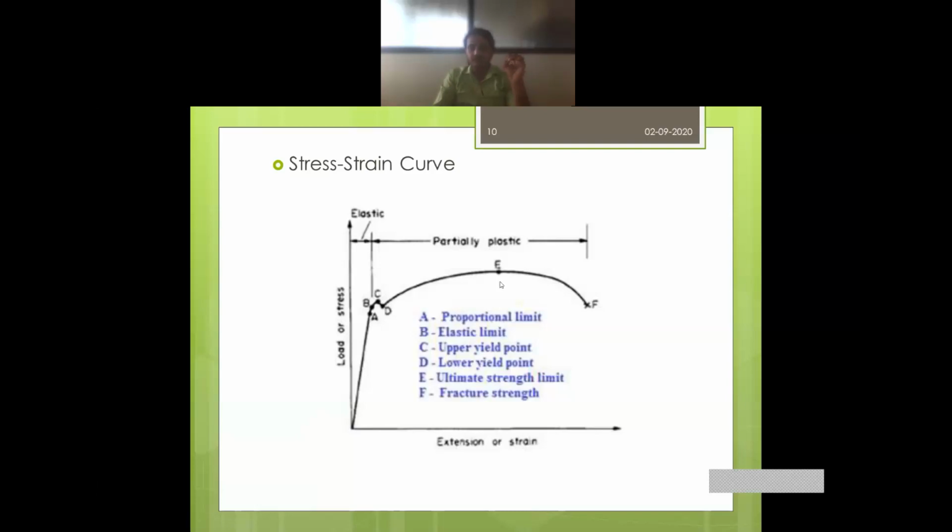After reaching the yield point, the necking formation will take place. After necking, if we further increase the load, the material will fail. So this is the concept of ferrous material. This is the stress strain curve for ferrous material. Ferrous means iron material. So this is about the stress strain curve.